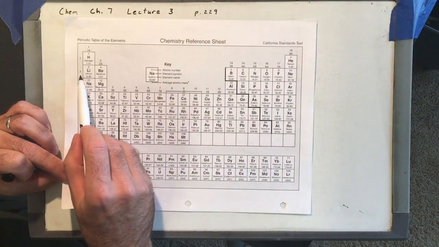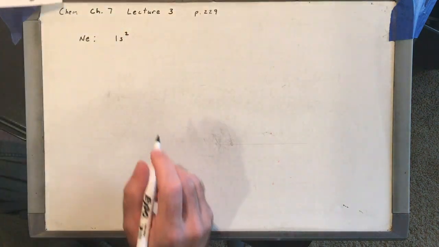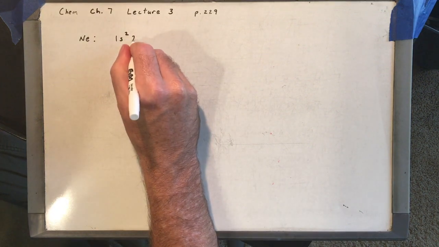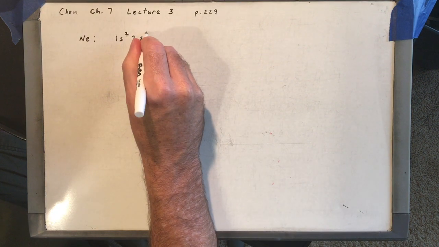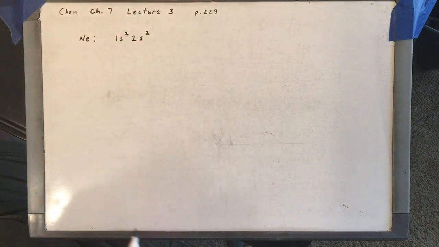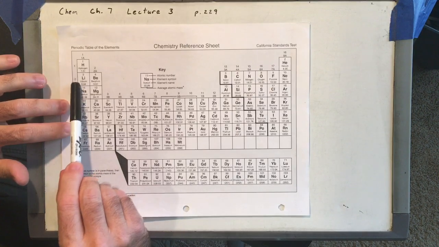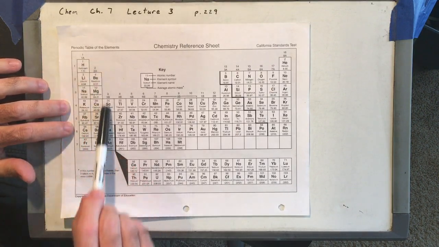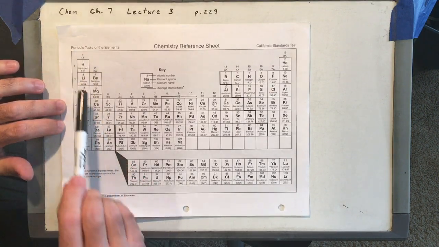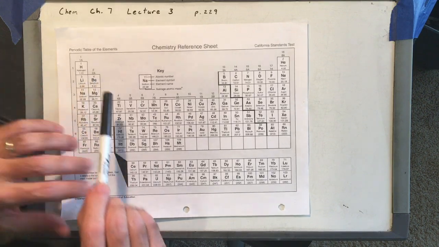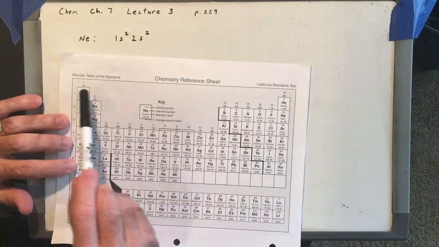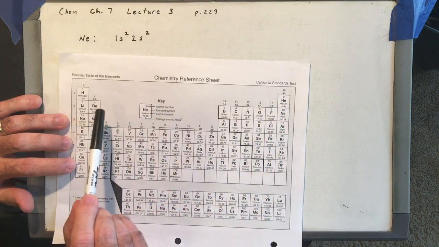Now we bring down to energy level 2. So 2s2. Where did I get that? We're in energy level 2, right here. We're in S block, which is all this. We've gone to lithium, beryllium, so we've got our first 4 electrons: hydrogen, helium, lithium, beryllium.